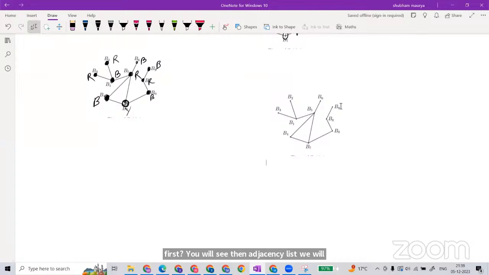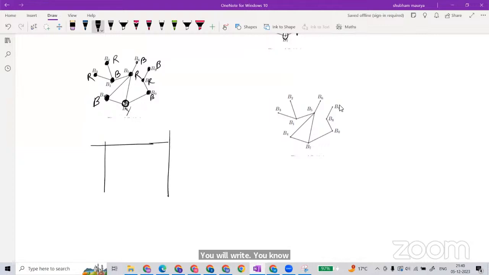So for the adjacency matrix, we'll try to make a matrix.